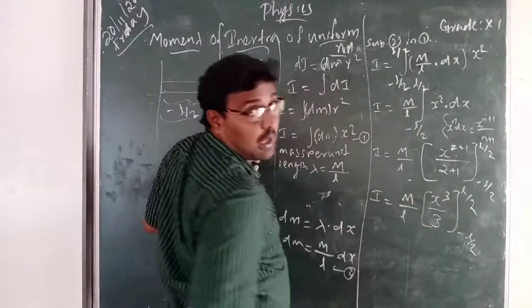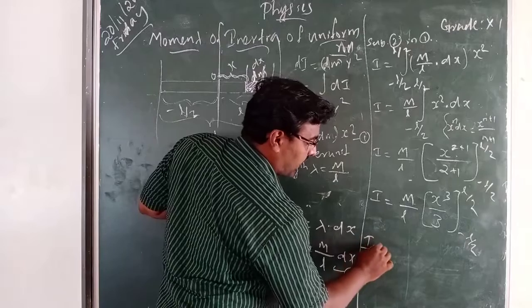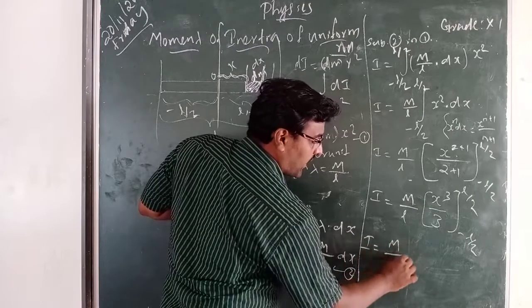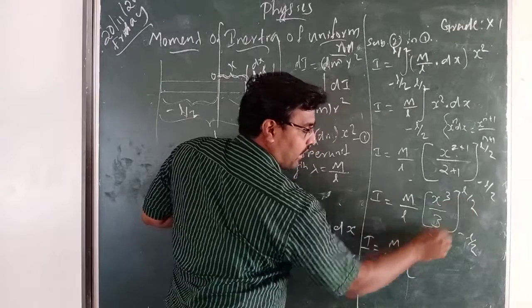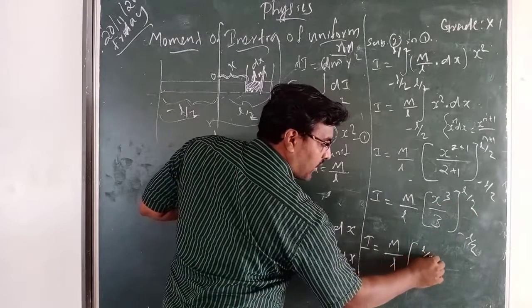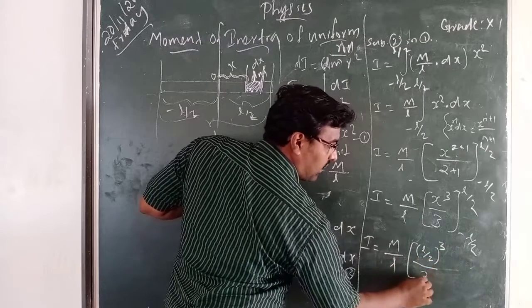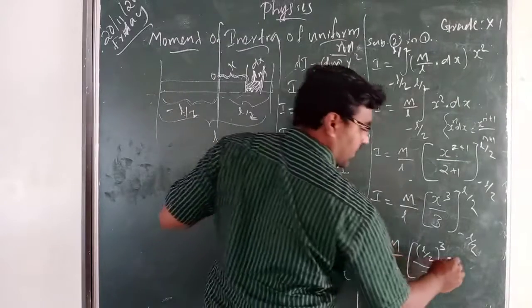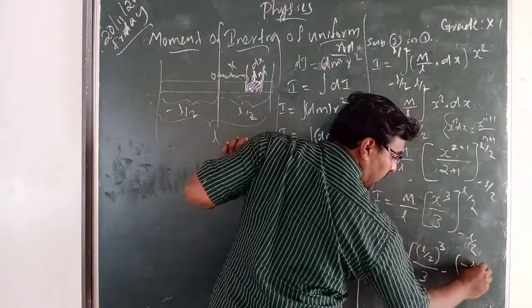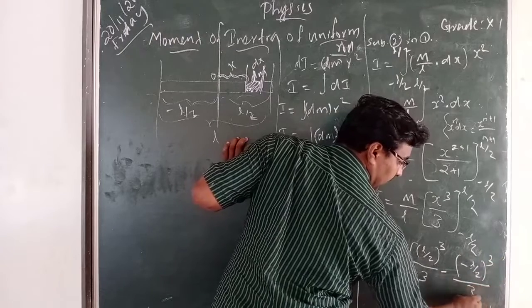Now apply the upper limit and lower limit. So I is equal to M by L, with x cube replaced by L by 2 the whole cube by 3, minus the lower limit, minus L by 2 the whole cube by 3.